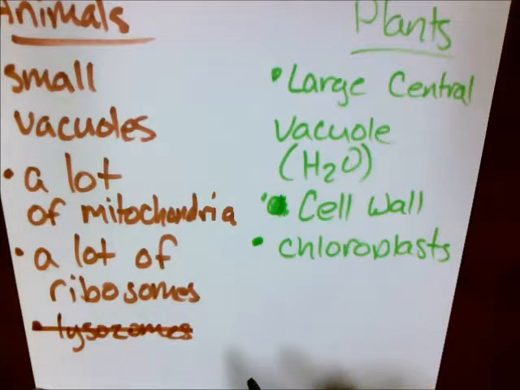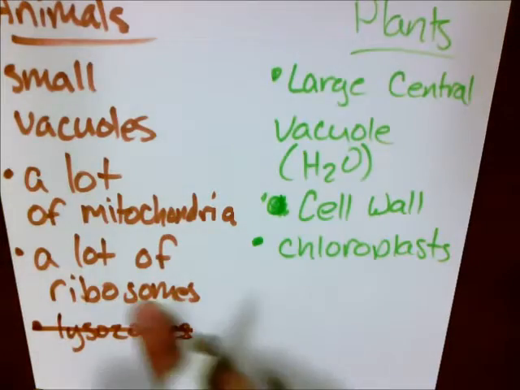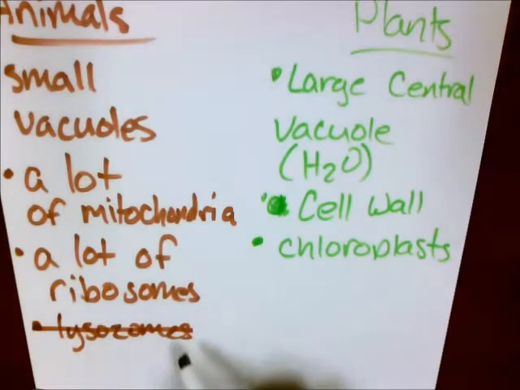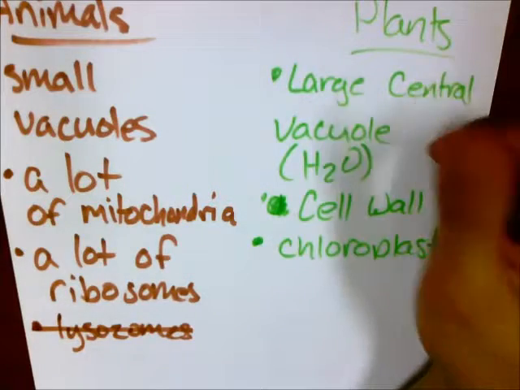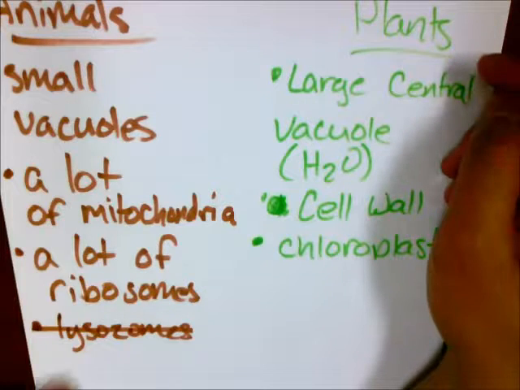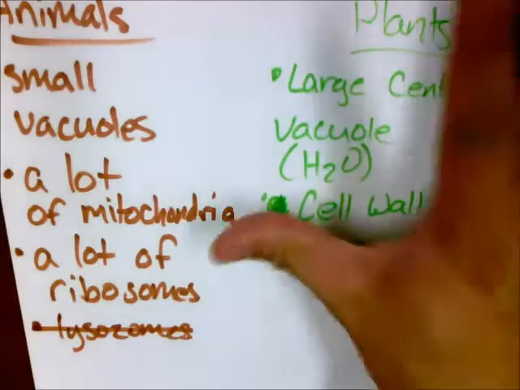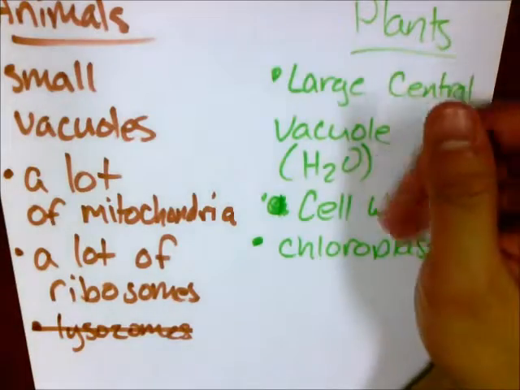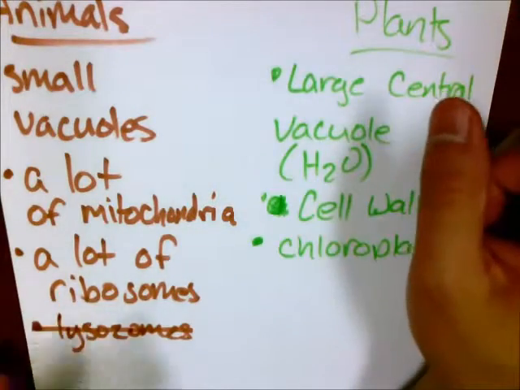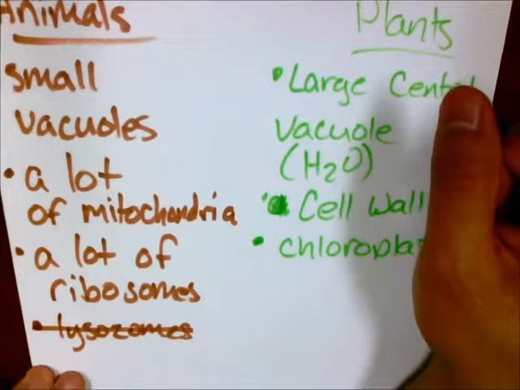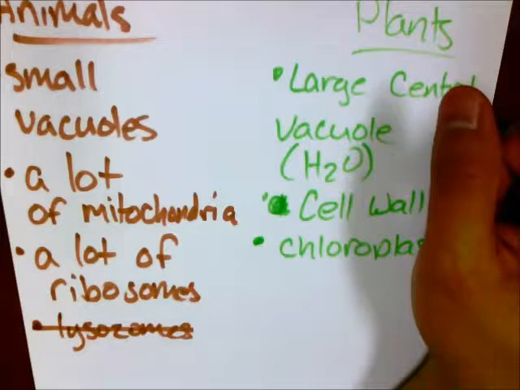Like I said, recent developments have shown that we definitely have plants with lysosomes. So maybe we ignore it, but I want to make it known just in case you see it on your EOC. I don't want you to be blindsided for no reason. Okay. So if you ever see something that says animal cells have what that plant cells don't, and lysosomes is one of the answers, that's probably what they're going for. Okay, because plant cells have pretty much everything that animal cells have. Pretty much. There are just two exceptions. I'm only going to talk about lysosomes because I think that showed up on the last EOC.